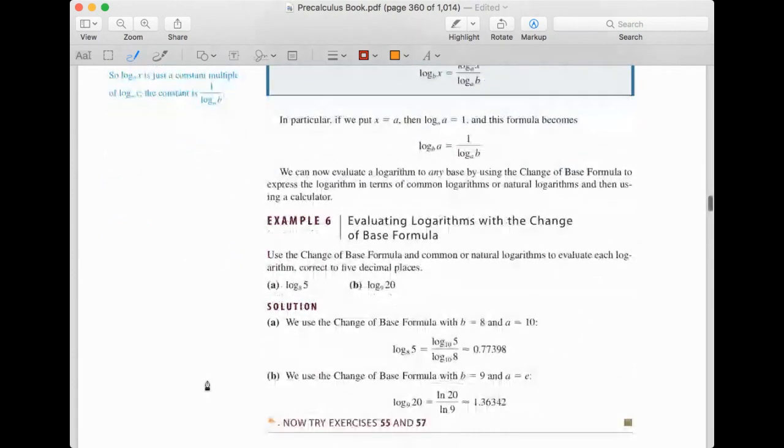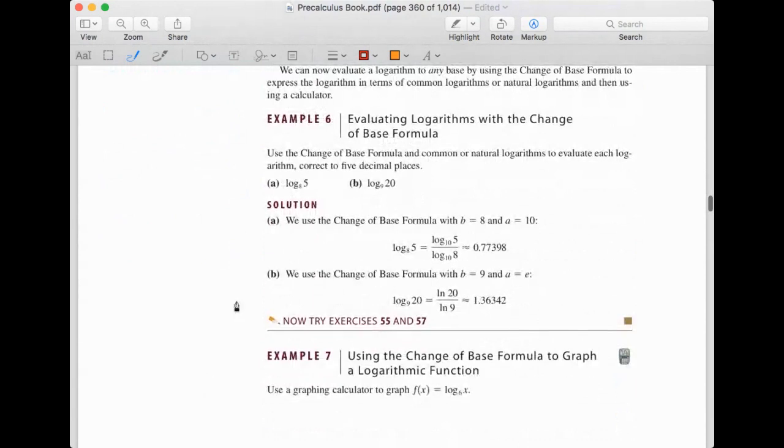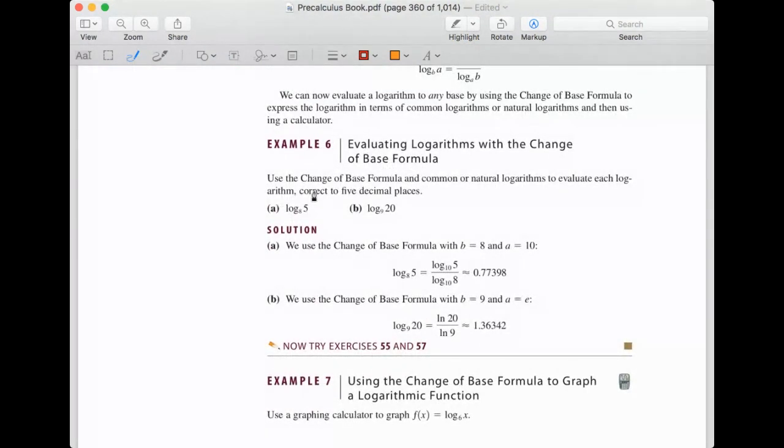Let's see this example. Let's use the change of base formula and the common or natural logarithm to evaluate each logarithm, to 5 decimal places. All right, let's see this one. So log base a of 5.